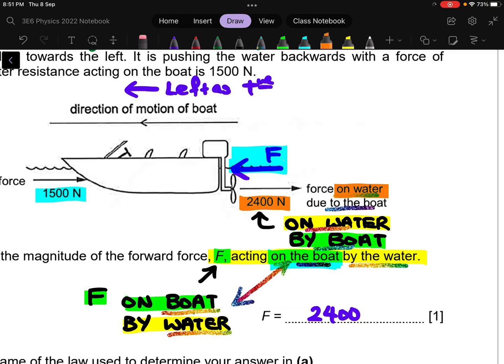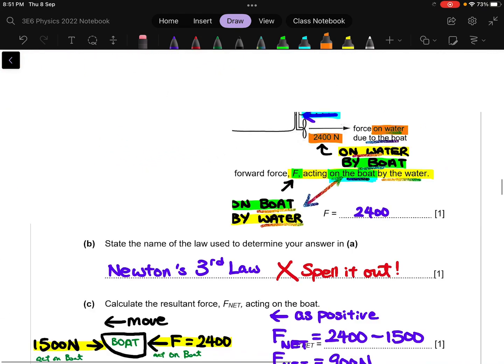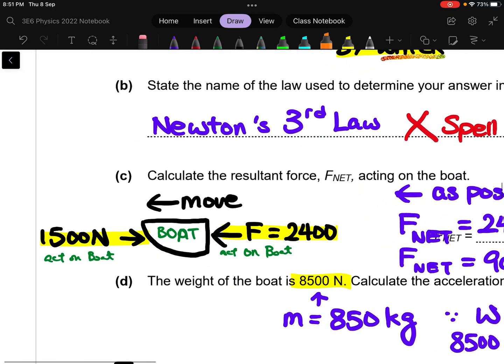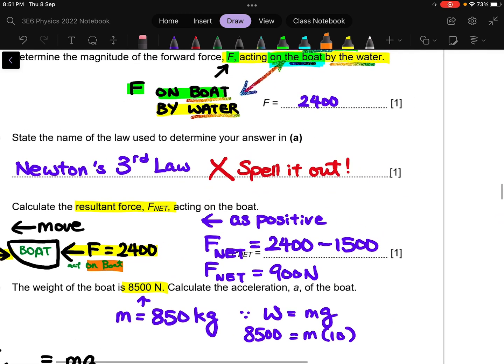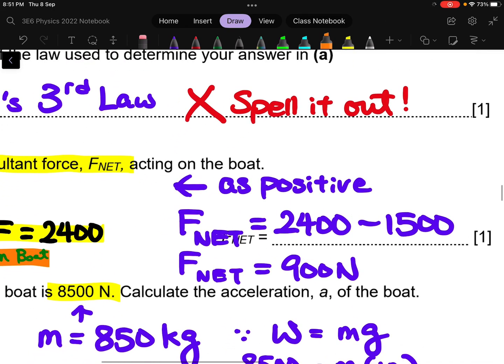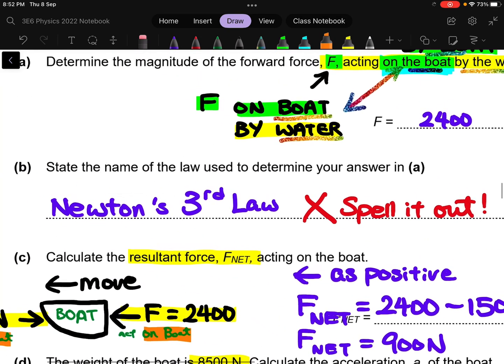If you read the question properly, this 2400 Newton is actually acting on the water. So when you consider this free body diagram, to figure out the resultant force F net, you should only consider the horizontal forces acting on the boat. There are only two forces acting on the boat. So this is how you get your F net equals to 900.